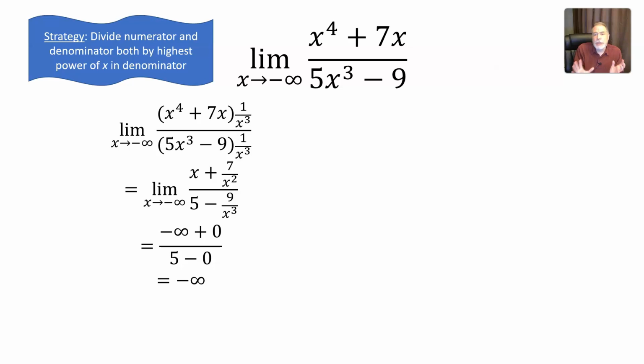But it would be a little tricky to specify whether the limit was positive infinity or negative infinity, because we'd have to figure out, is it positive or negative if x itself is a very negative number? So by dividing the numerator and denominator both by the highest power of x in the denominator, that makes it easier to tell whether that limit is negative infinity, like it is here, or whether it would turn out to be positive infinity.